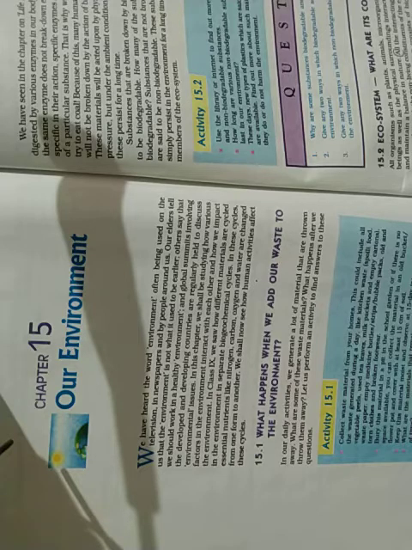DDT, that is dichloro-diphenyl trichloroethane, is a non-biodegradable waste, so it can be passed along the food chain from the crops to humans or other animals and birds and harm them. So biomagnification can take place in living organisms.